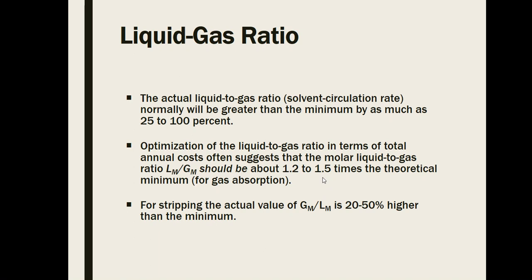For stripping, we just invert this to solvent over the feed. Solvent over the feed is also 20 to 50% higher than the minimum. So we don't get confused here, because both for gas absorption and stripping, we are using an actual flow rate of the solvent which is 50% more than the computed minimum requirement.